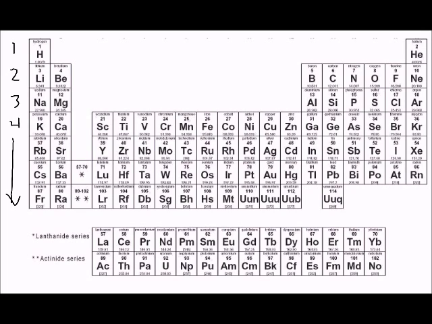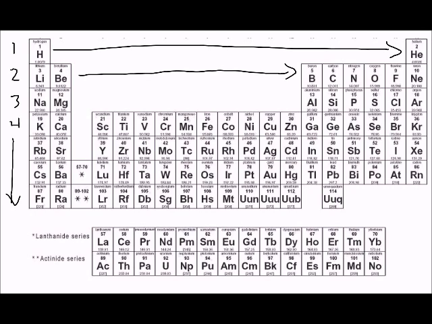So as we go across this, hydrogen and helium would occupy n equals 1. Lithium, beryllium, boron, carbon, nitrogen, oxygen, fluorine, and neon would represent the n equals 2 level. Sodium, magnesium, aluminum, silicon, phosphorus, sulfur, chlorine, and argon would represent the n equals 3 level. So I think you get the idea. As we're going across, we're representing the level that we're in.